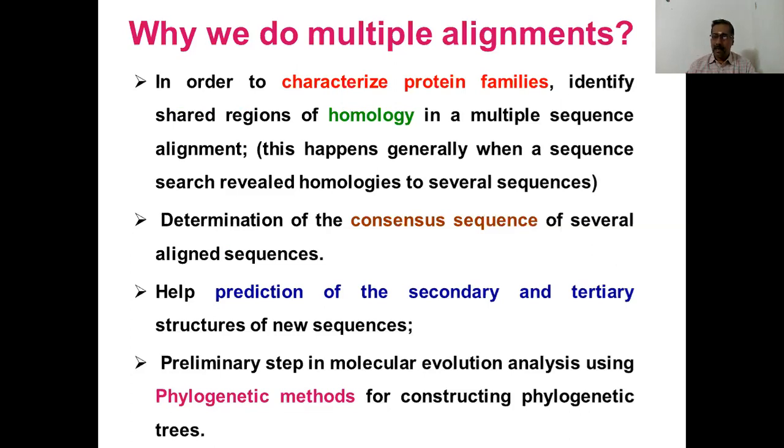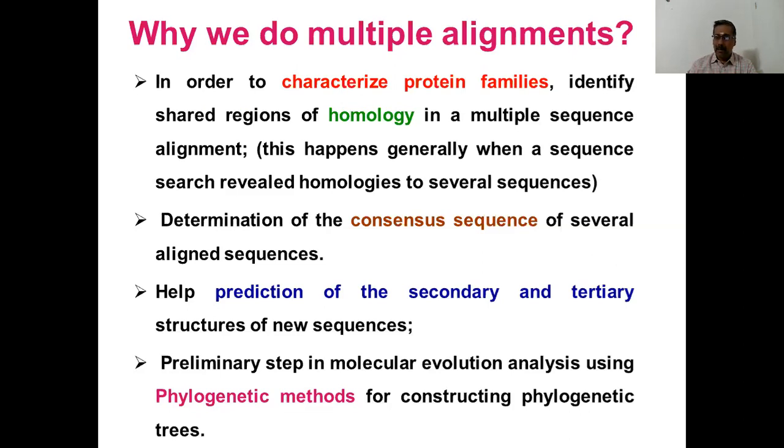Whereas if you want to characterize a particular unknown protein, that is, to which family it fits, whether the purified new novel protein belongs to an enzyme, or a transport protein, or a receptor, or a signaling protein, or it is a simple peptide, how to characterize based upon functionality, that is possible only with the help of multiple sequence alignment.